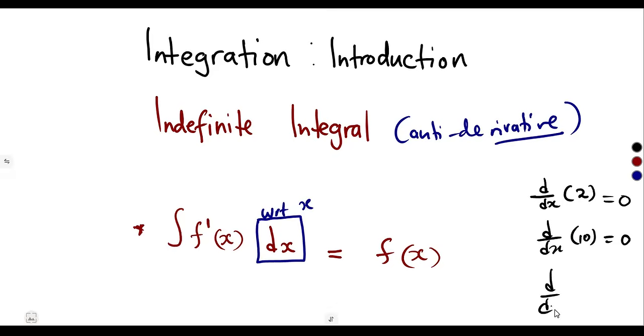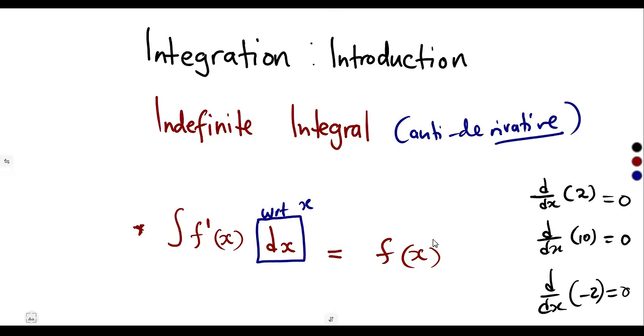Whether it's a negative number, we do not know. For that case of the constant, which was differentiated to give us a 0, we are supposed to put that in mind to say there can be a constant.